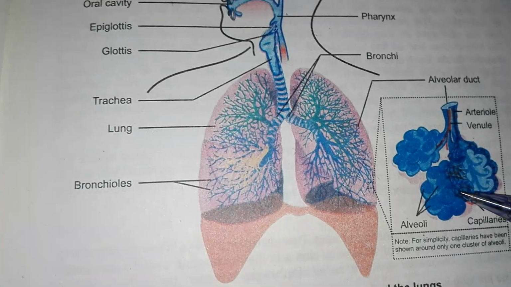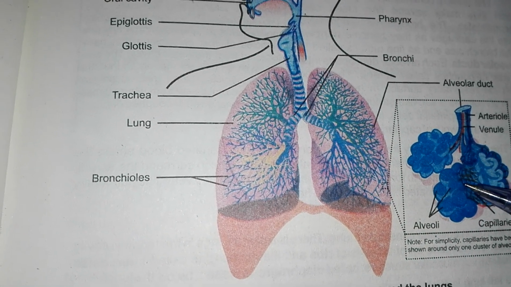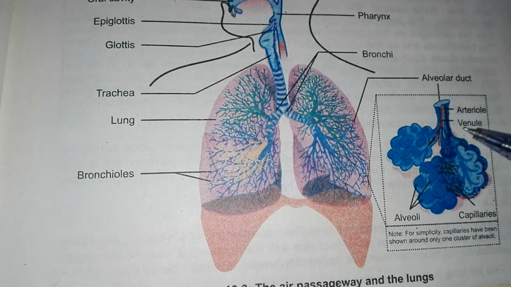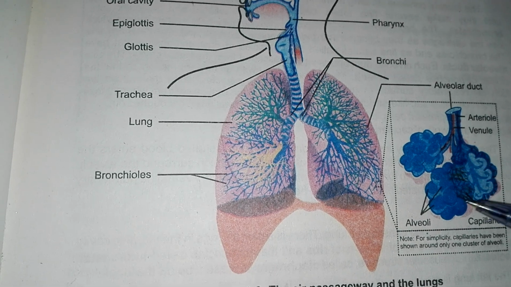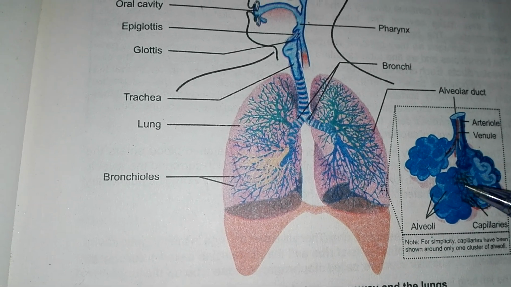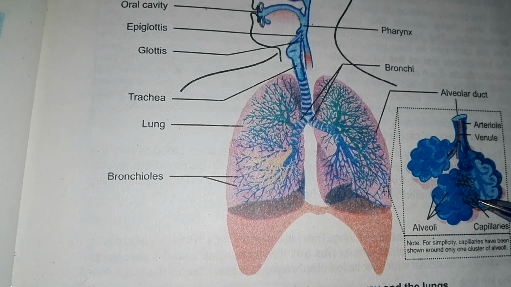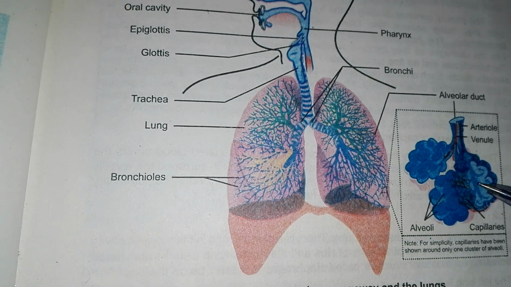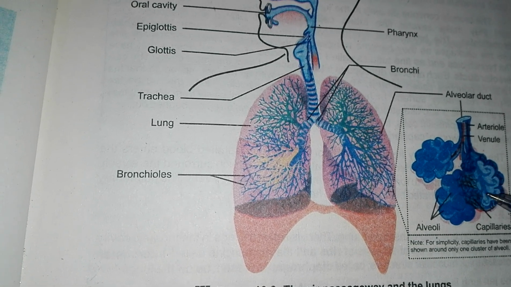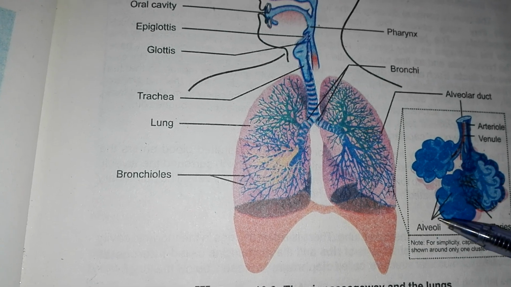We can see here there are branches, the capillaries, that surround these sac-like structures, and this is the site where the gaseous exchange takes place. When the deoxygenated blood comes from the heart to the lungs and enters the alveoli, there is oxygen present in this sac-like structure, then the gases diffuse, and oxygen comes into the blood.